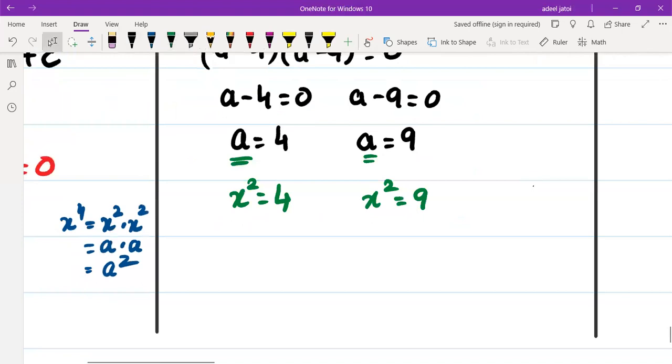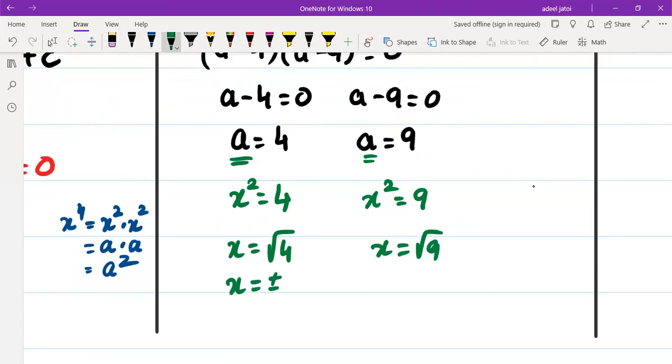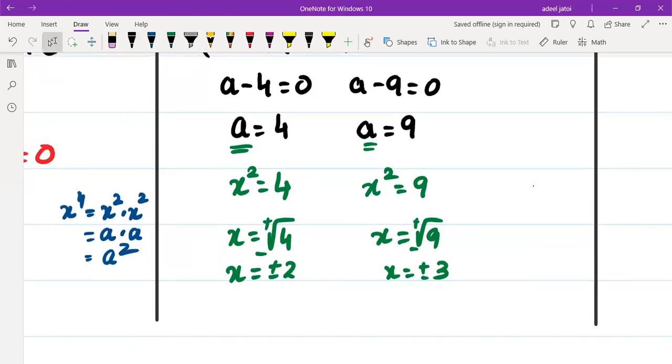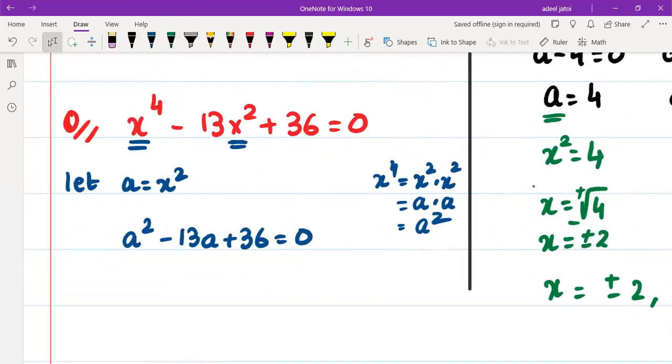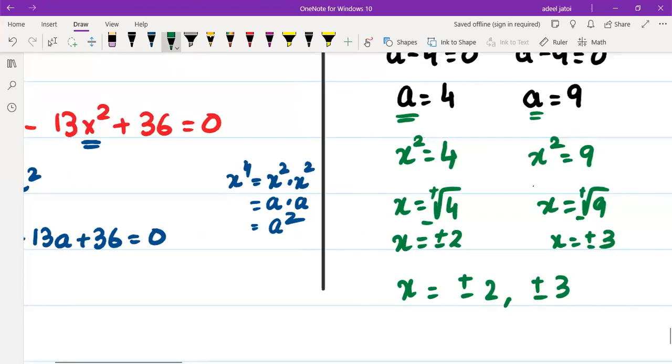This can be written as x is equal to under root 4 and x is equal to under root 9. So x is equal to plus minus 2 and x is equal to plus minus 3. So x can be plus minus 2, plus minus 3 for the given question, x to the power 4 minus 13x squared plus 36 is equal to 0.